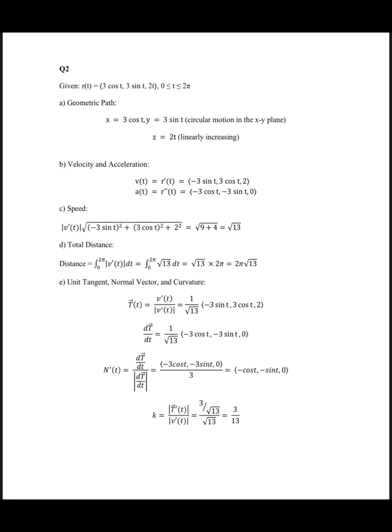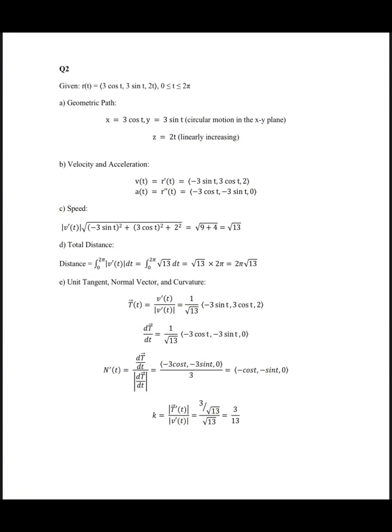For question A, the geometric path: 3 cos t and 3 sin t, which are x and y, is the circular motion in the x-y plane. And 2t, which is z, is linearly increasing across the graph.